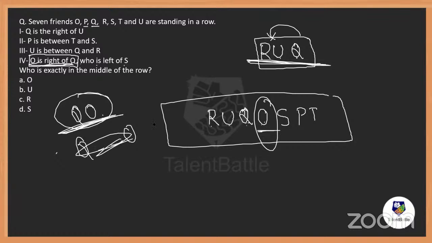If it is not happening, then only check for any other cases, because sometimes various options might be possible. The positions of them can be in different orders also, so you can maybe interchange any other people also here. So don't look for every possibility. If they say O is to the right of Q, most probably try to take it next. Okay. So O is in the middle of the row.